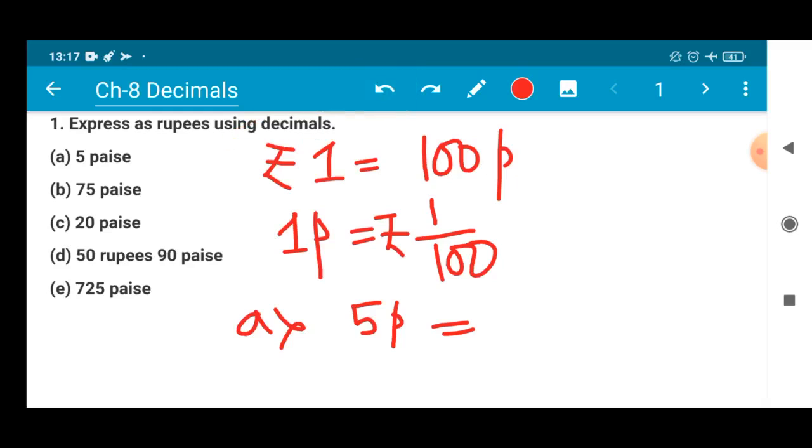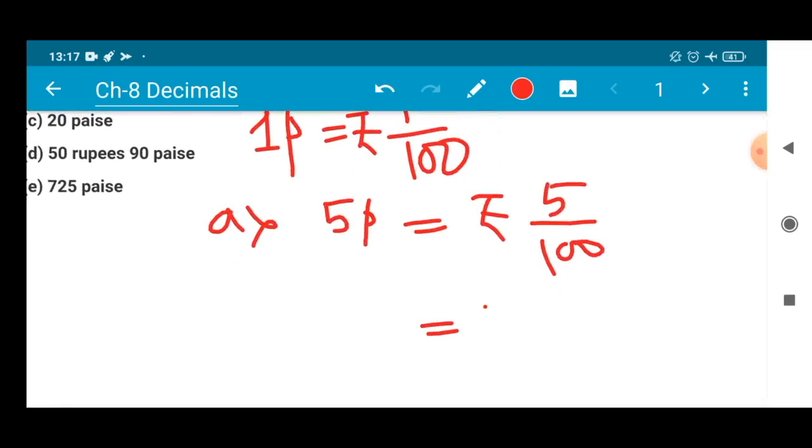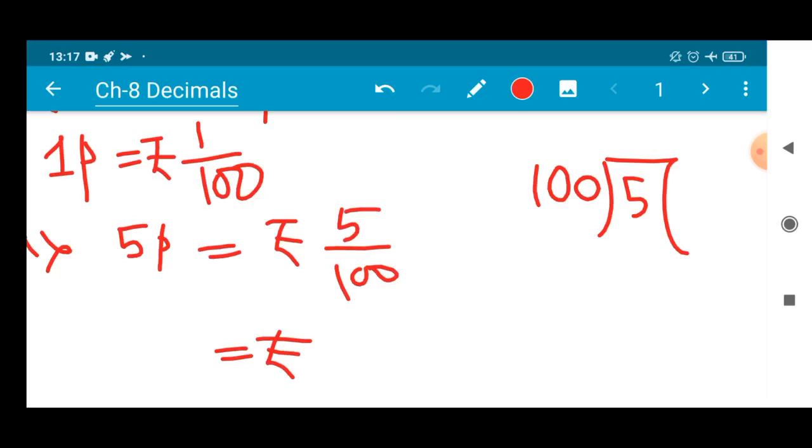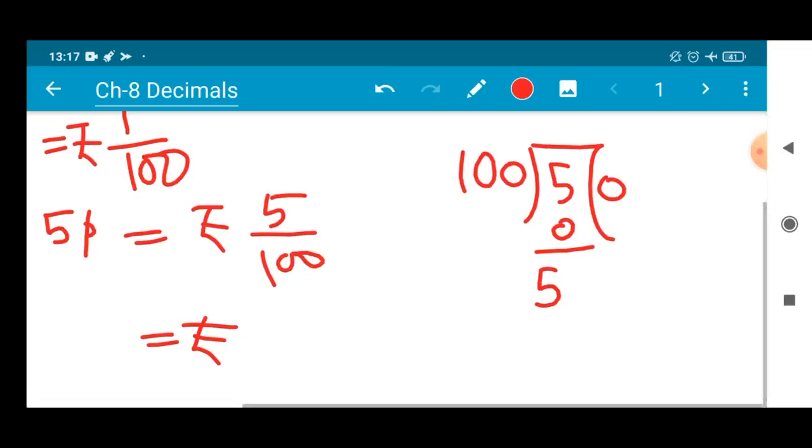That we have to convert into decimal form. Okay. So 1 paise means 1 by 100, so 5 paise means it is 5 by 100. Not only that, we also have to convert this into decimal form. You all know how to do this. 5 divided by 100, 100 zeros are 0. There is another trick also which you can use.